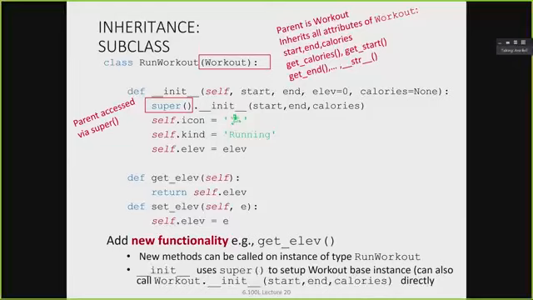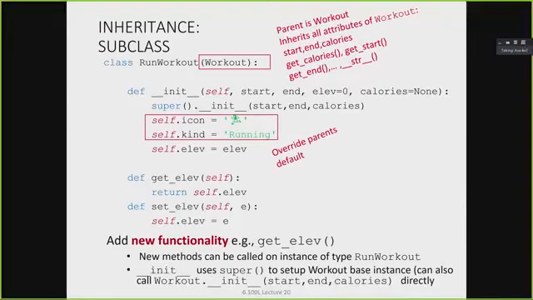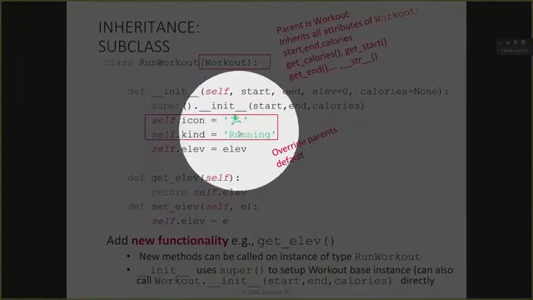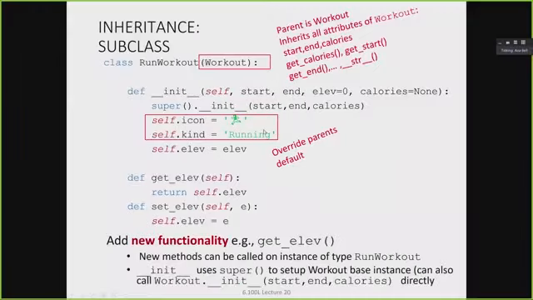But since this is a run workout, I would like to replace the icon with the little running person emoji. And the kind of workout this is no longer just a workout. Let's say it's a running workout, so it becomes the string running. So I'm overriding those data attributes with these strings.